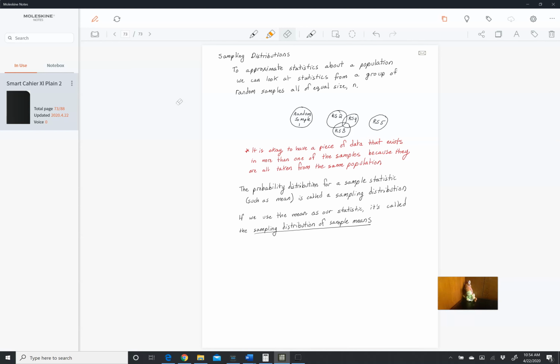There are two things that are really critical to the sampling distribution of sample means, and we're going to be using this a lot.